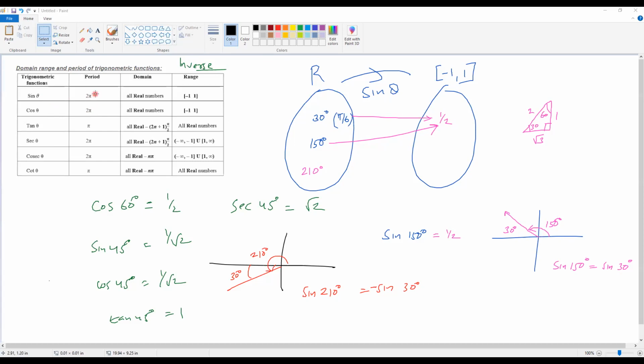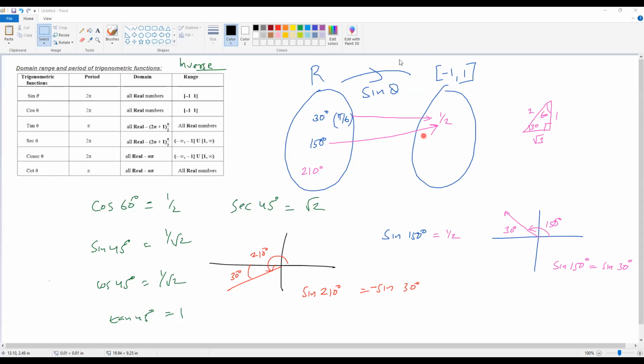That means after 2 pi radian, like 360 degree, the graph is repeating, isn't it? So after 0 to 2 pi, then 2 pi to 4 pi, then 4 pi to 6 pi, the graph is the same. That means there are infinite number of inputs, and the outputs are the same. So clearly the function is not 1-1.